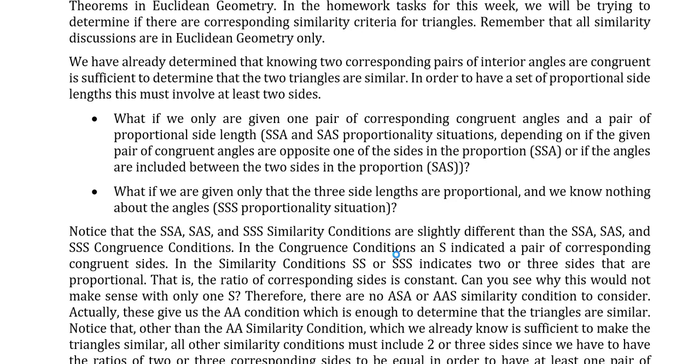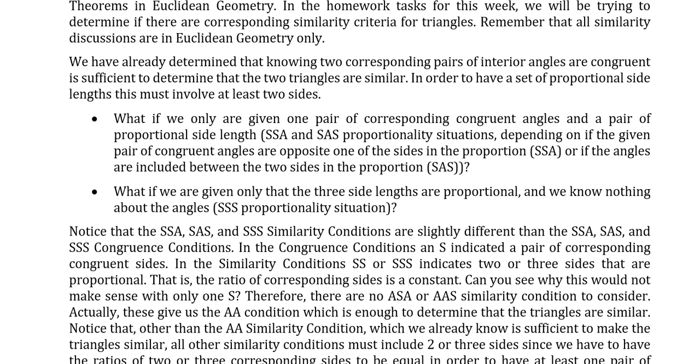In the congruence conditions, an S indicates a pair of corresponding congruent sides. In the similarity conditions, SS or SSS indicates two or three sides that are proportional. That is, the ratio of corresponding sides is a constant. Can you see why this would not make sense with only one S?